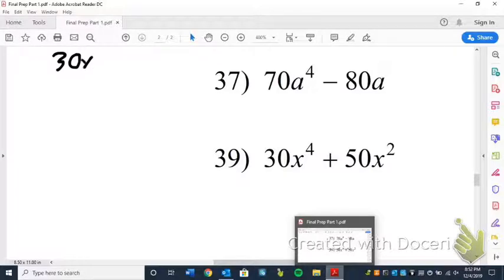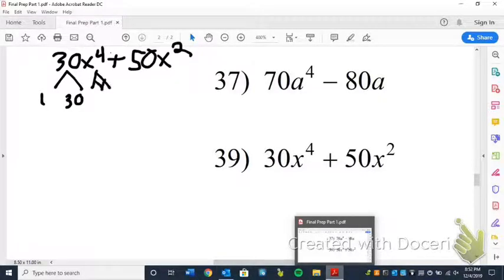39, same general idea. We have 30x to the fourth plus 50x squared. 30x to the fourth, we're going to get 1 and 30 out of it.